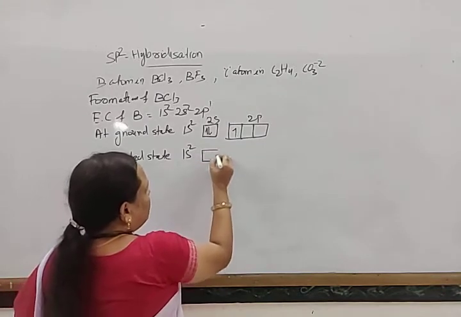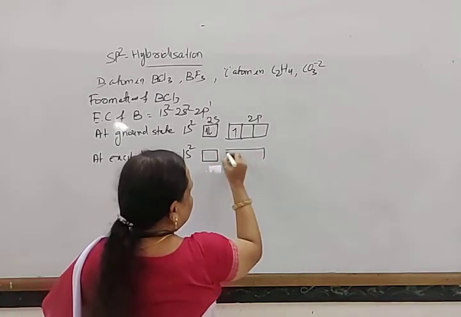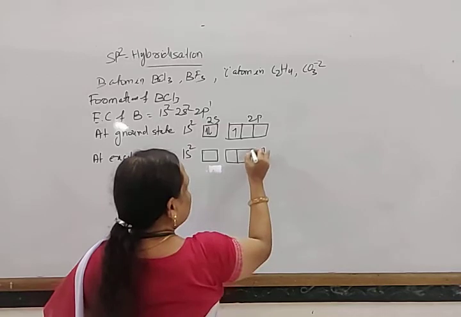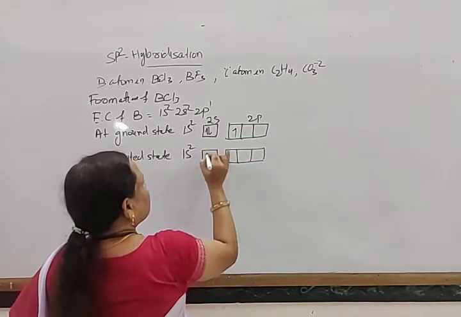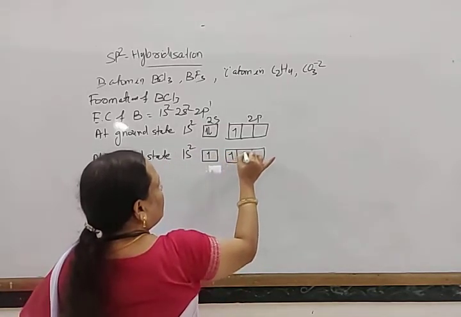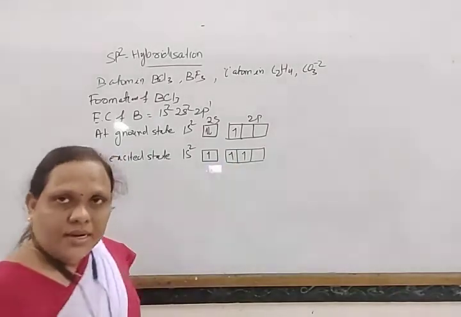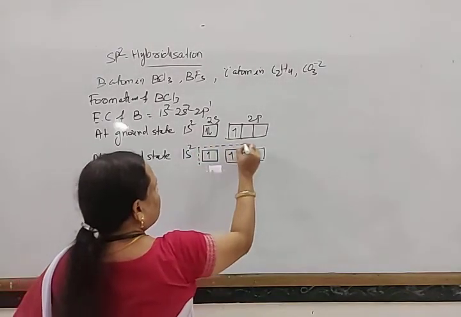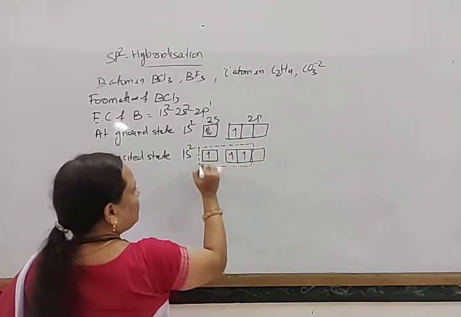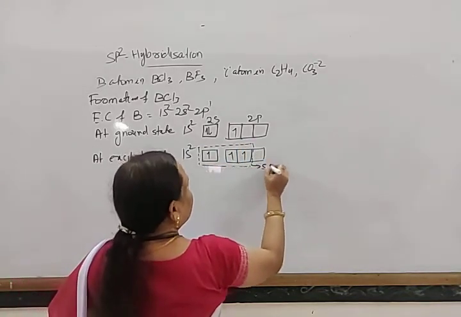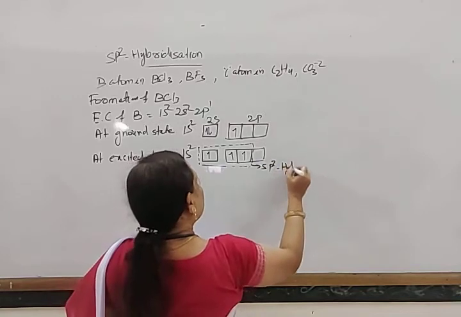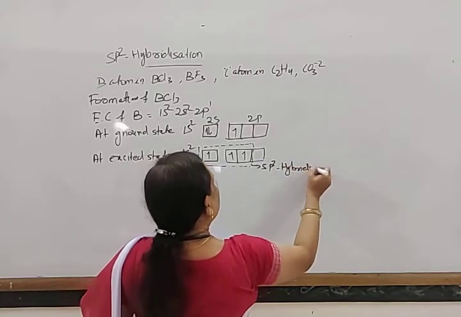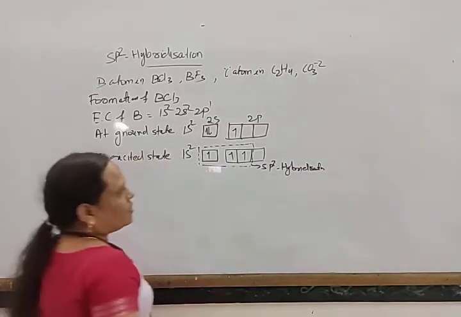This is not always necessary, but if there is a possibility of promotion, then promotion of an electron takes place. So 1 electron goes here, and now there are 3 unpaired electrons. As there are 3 unpaired electrons, these 3 undergo hybridization. It undergoes sp2 hybridization.